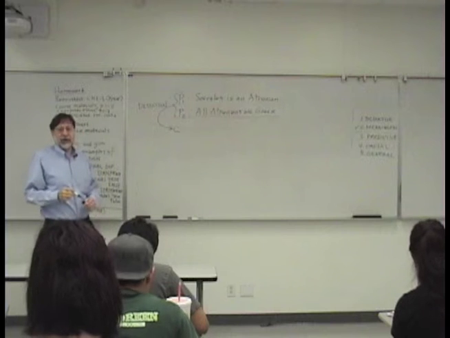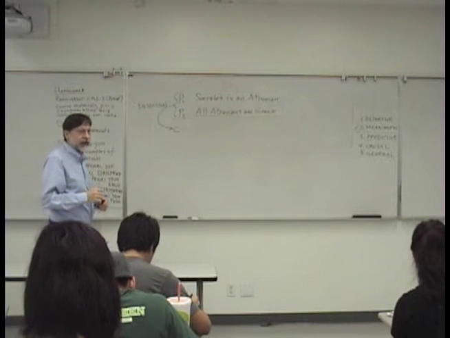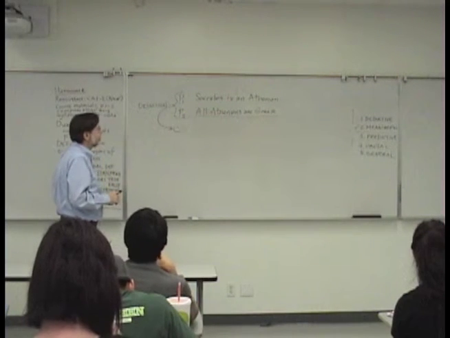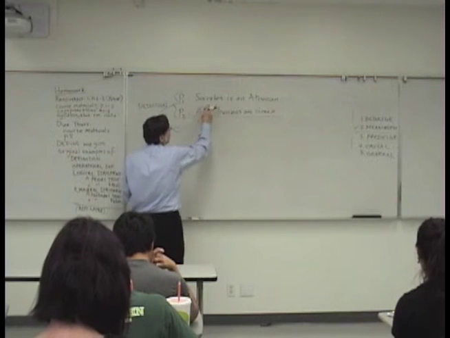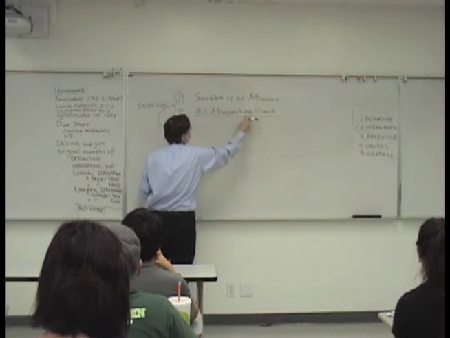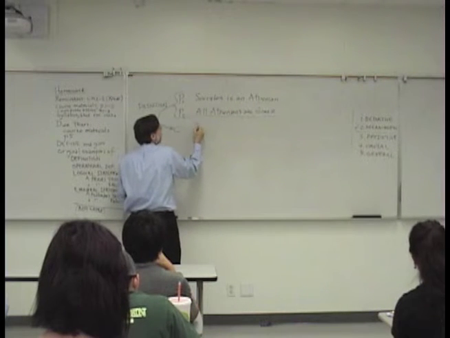A deduction is always logical and follows mathematical rules, and I taught you two of the rules last time. From these two, if Socrates is an Athenian and all Athenians are Greek, we can conclude that Socrates is Greek.